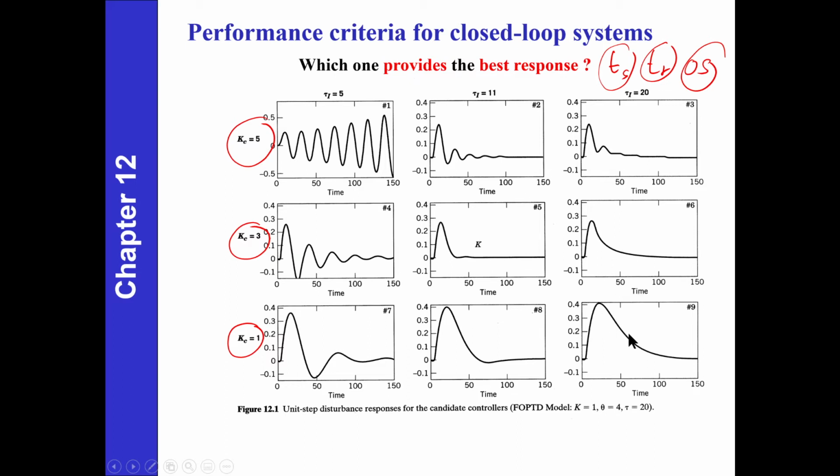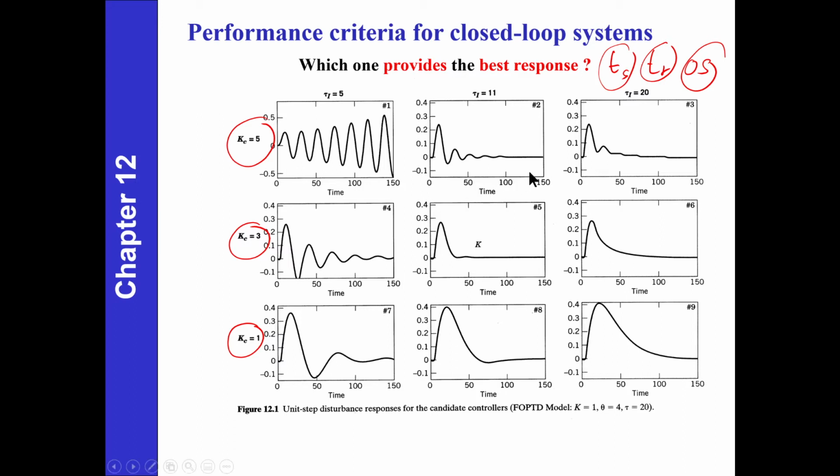It can reach a steady state. Okay, that is the response that we want. So in terms of settling time, let's see the settling time for all these responses except this one, because this system will never reach steady state and there is no settling time for this because it never settles.